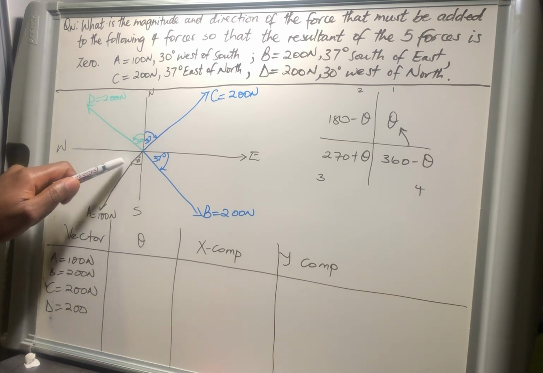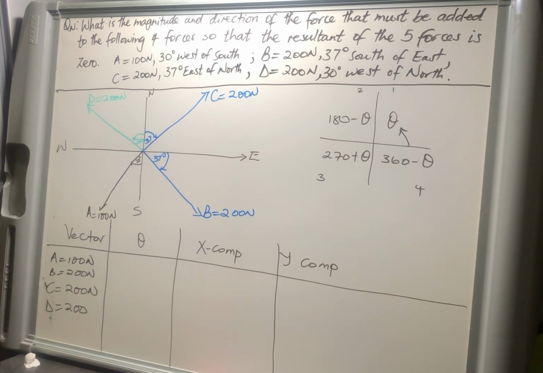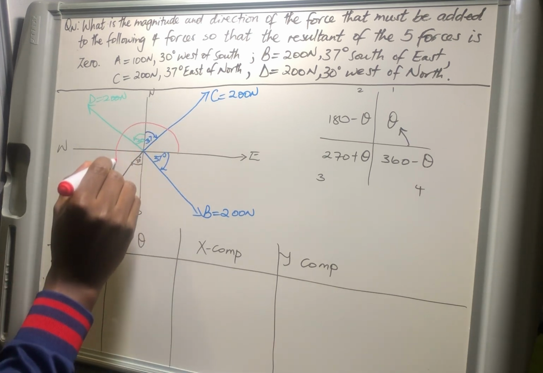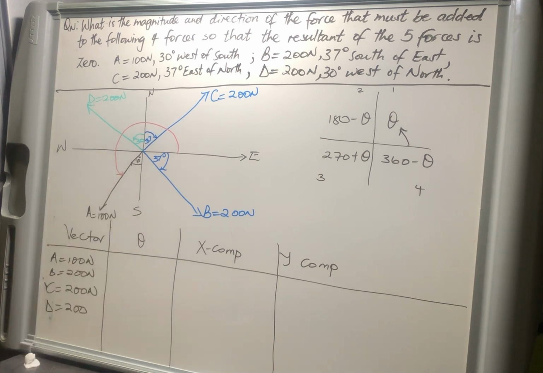So the actual angle here is going to be what? The angle that we are looking for in this quadrant is this angle. Remember, everything starts from here all the way. So we are looking for this angle that is marked in red.